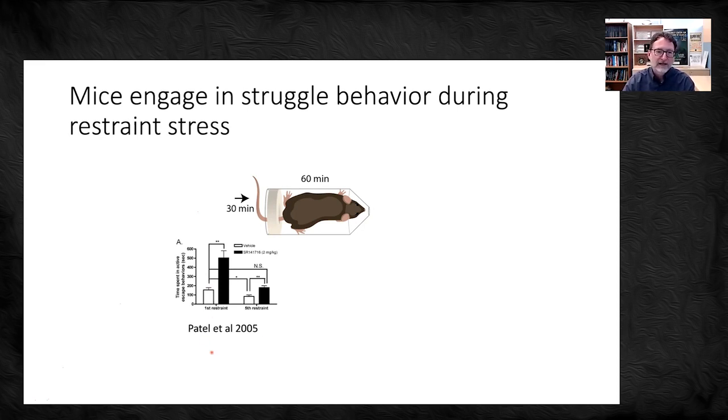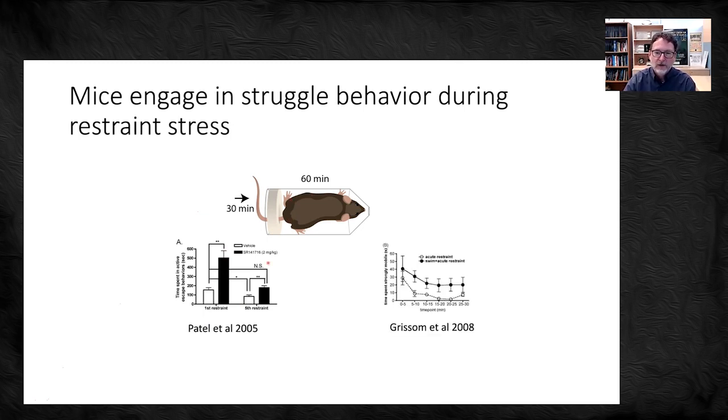And Satya Patel and C.C. Hiller demonstrated that blocking CB1 receptors, which would increase anxiety state in the animals, increases the active coping bouts that these animals engage in, more physical struggles while in restraint stress.